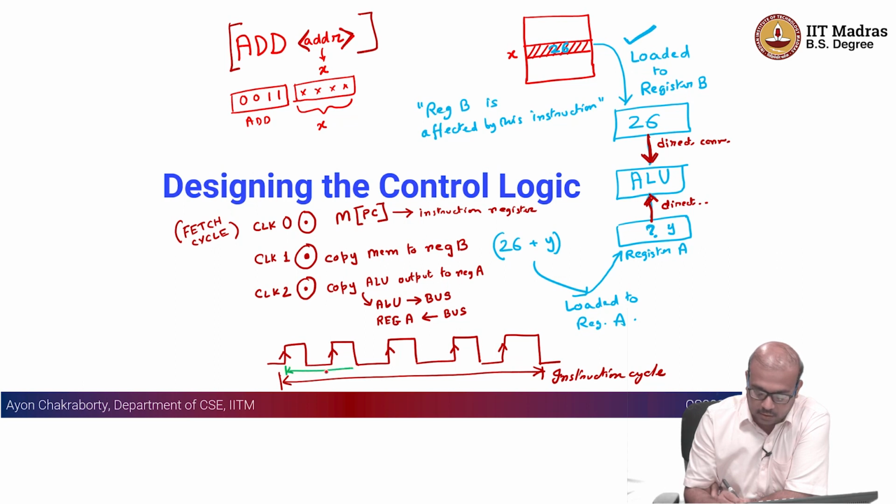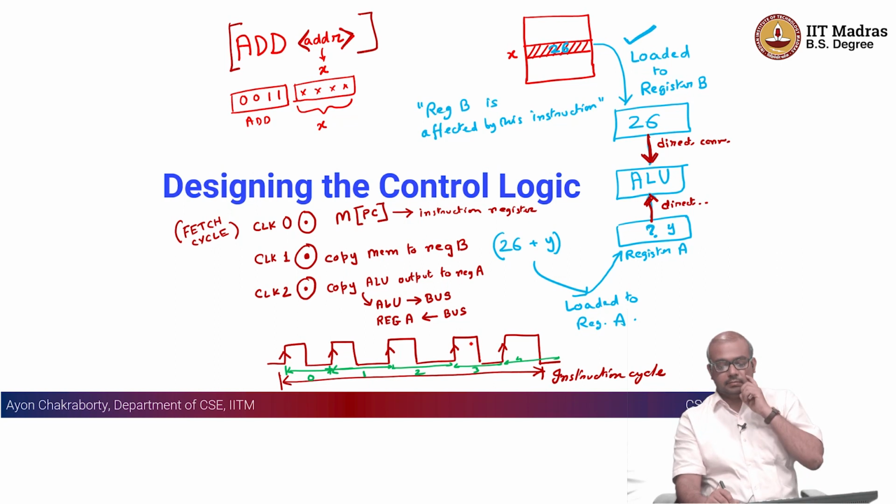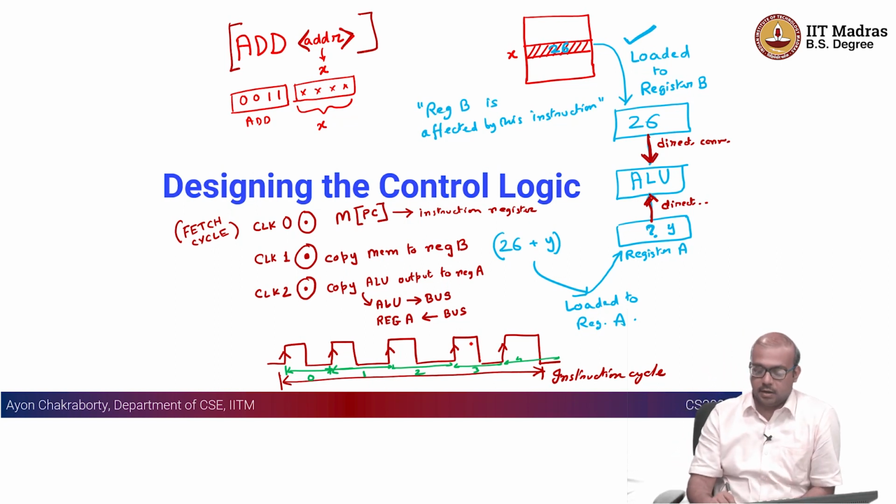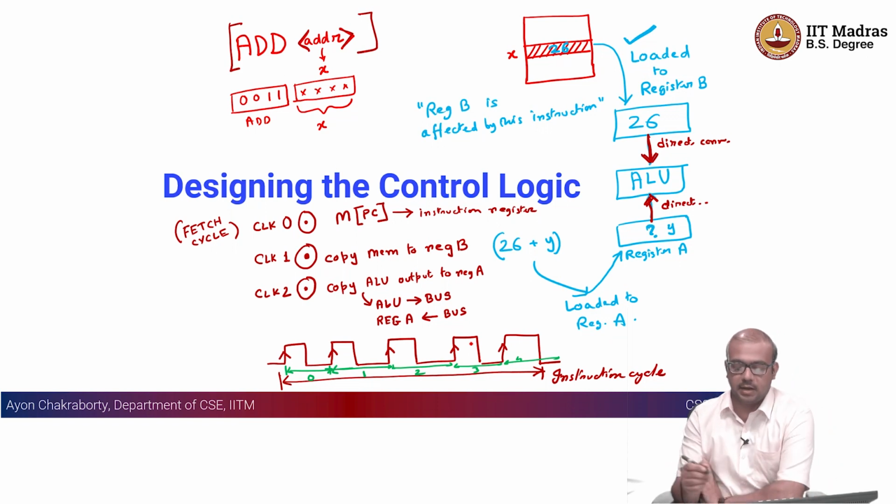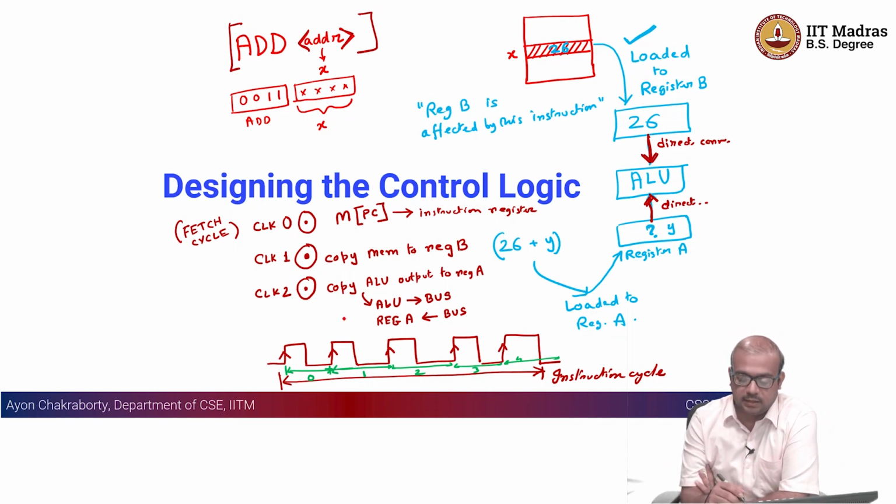So, in this one for every clock, let us say this is the 0th clock, this is the first clock, right, this is the second clock, this is the third clock, and this is the fourth clock, and so on, right. You can think that this particular instruction is going to take 5 clock cycles, and in every clock cycle, there is only one control word issued to the processor, in the kind of architecture that we are looking at, very simple architecture though.